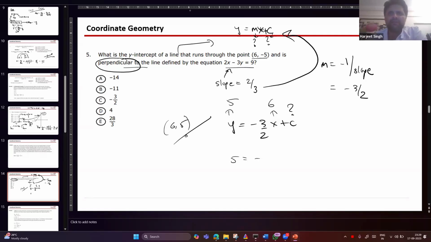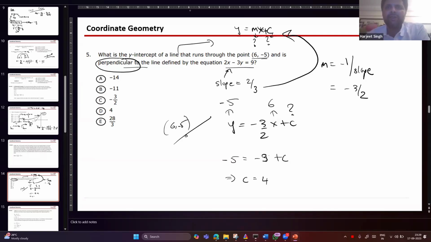So minus 5 equal to minus 3 into 3, which is 9, plus c. So what is c? Sorry, it's 6 comma minus 5 is the point, so this is minus 5.